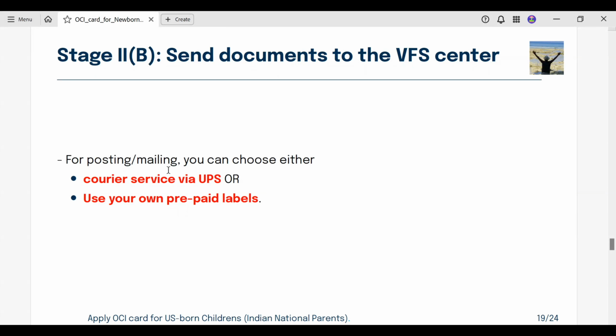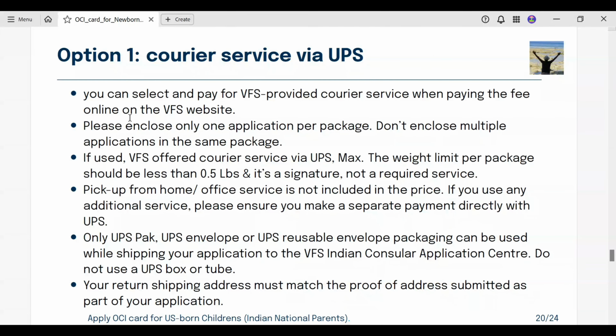So what I told you, like a mailing service, there are two options: courier service via UPS, or use your own prepaid labels. You can select. If you are selecting the courier service via UPS, which I had selected, you have to pay the fee, and then one label will be generated, and then you have to visit any UPS office and ask for a UPS pak, right? This is the very important thing.